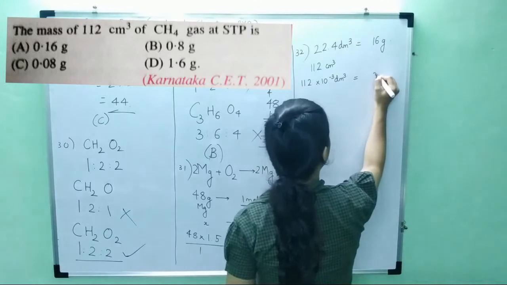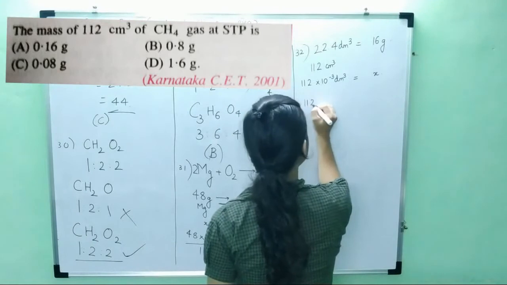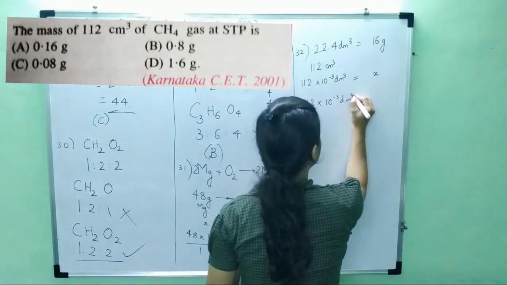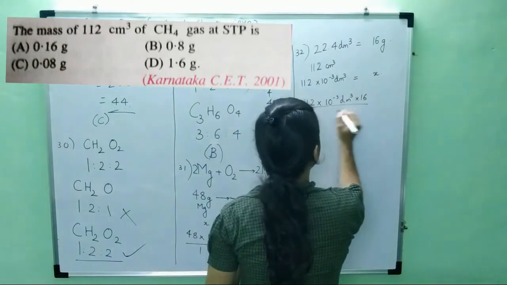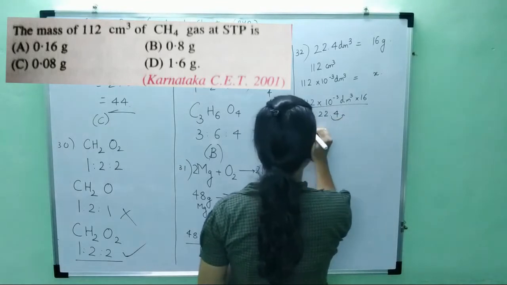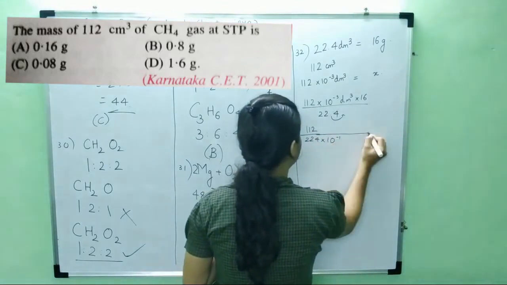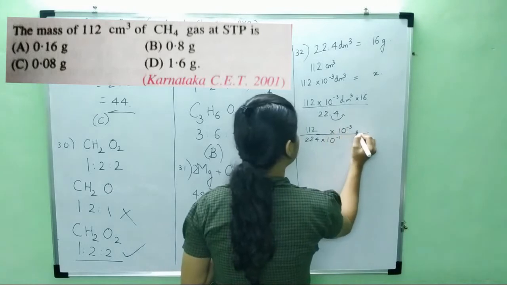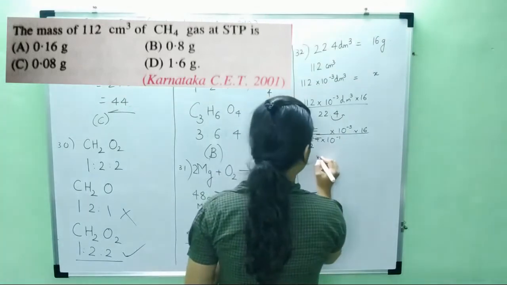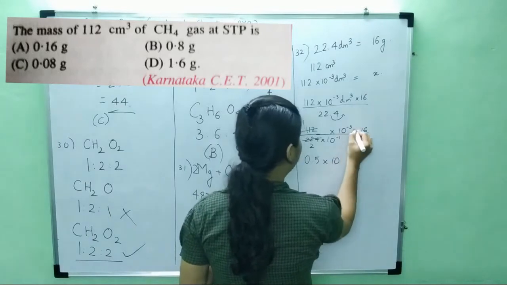Now this combines with how much? This is equal to how much weight? Okay, so just a cross multiplication. So if I shift the decimal, this comes out to be 1 upon 2, which is 0.5 into 10 to the power minus 3 plus 1.